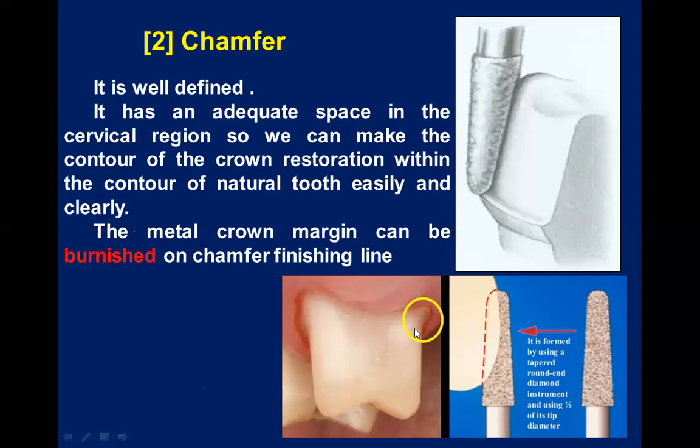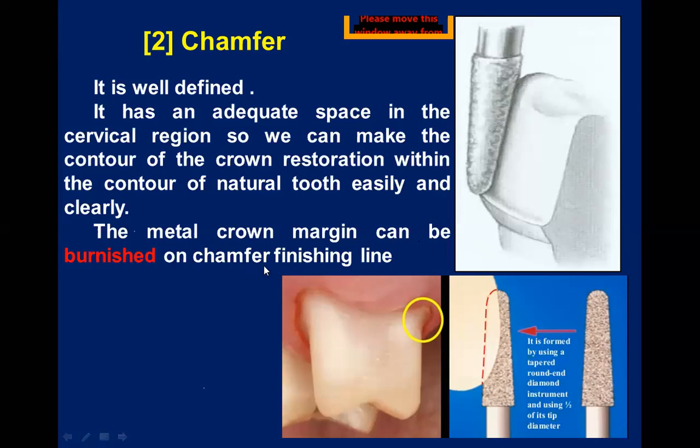Here again, due to the inclination, the angulation of the chamfer, the chamfer again will end in a sharp end. This end makes it possible for the metal crown to be burnished on the chamfer finishing line.